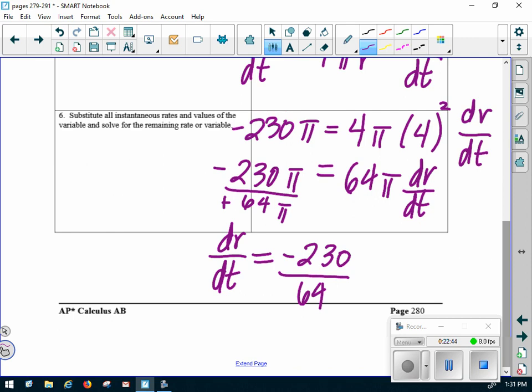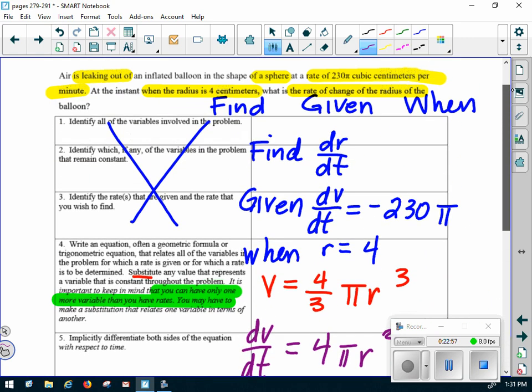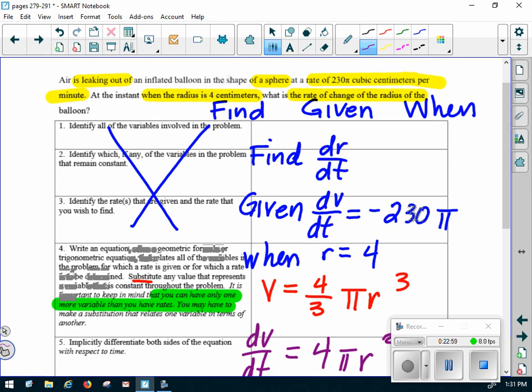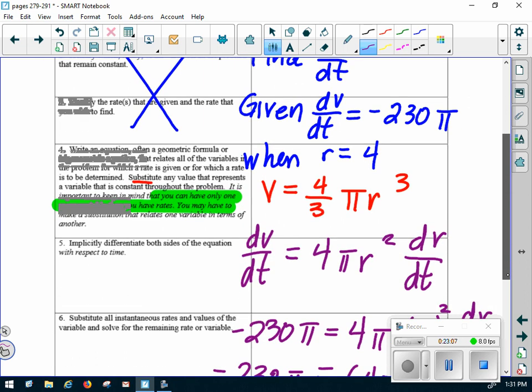I don't want you going to your calculator unless it says to. You're going to write a sentence. What did you find? The radius of the balloon is changing, and let's not use the word changing.